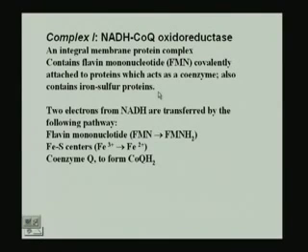It has the NADH dehydrogenase or CoQ oxidoreductase, and apart from that it has FMN and FES clusters. That is what comprises complex 1. Now, what happens in complex 1? There are 2 electrons from NADH that are transferred through flavin mononucleotide, the iron centers and coenzyme Q.